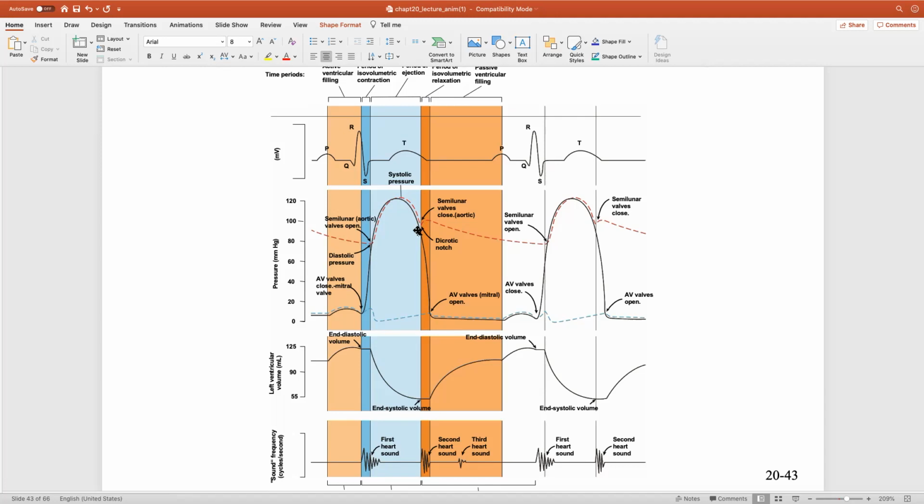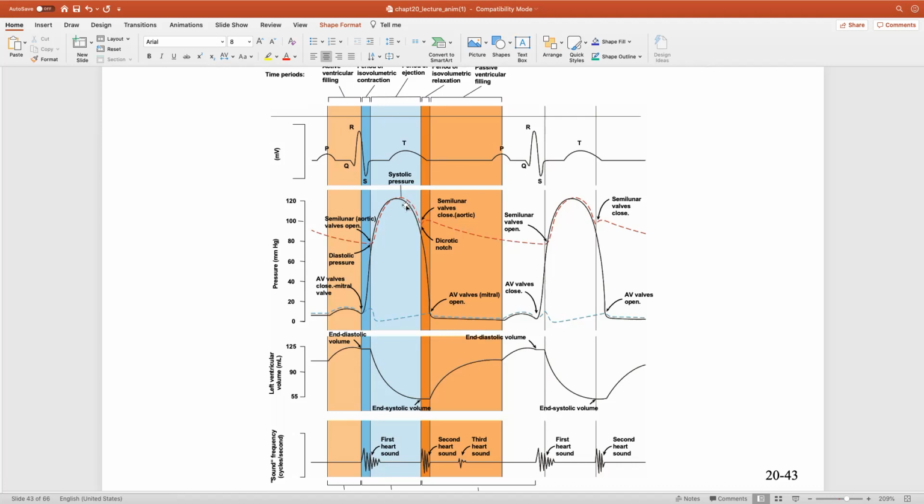Now you've ejected a lot of blood into the aorta under a great amount of pressure. You've stretched the aorta a tremendous amount. It wants to recoil now. But the recoil doesn't occur at first because you can still maintain higher pressure in the left ventricle. So you keep ejecting blood outwards.